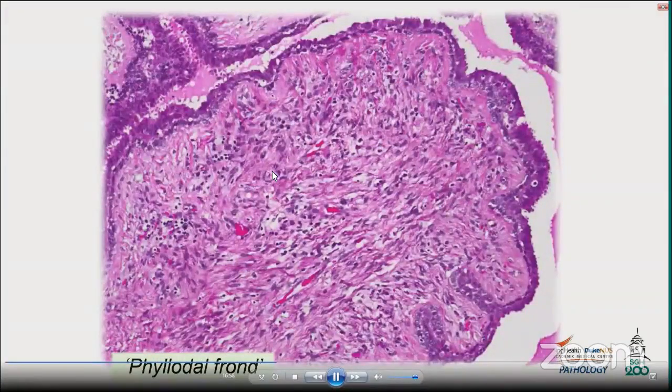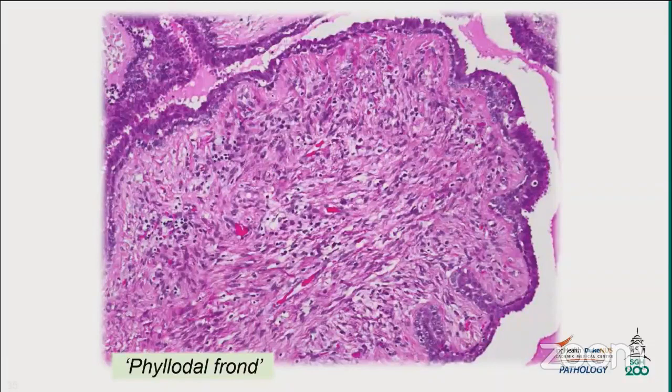The prototypical histologic appearance of a phyllodes tumor is what we sometimes term the phyllodal frond, which is composed of a broad expanse of hypercellular stroma, which is surmounted by bilayered luminal and myoepithelial cells.